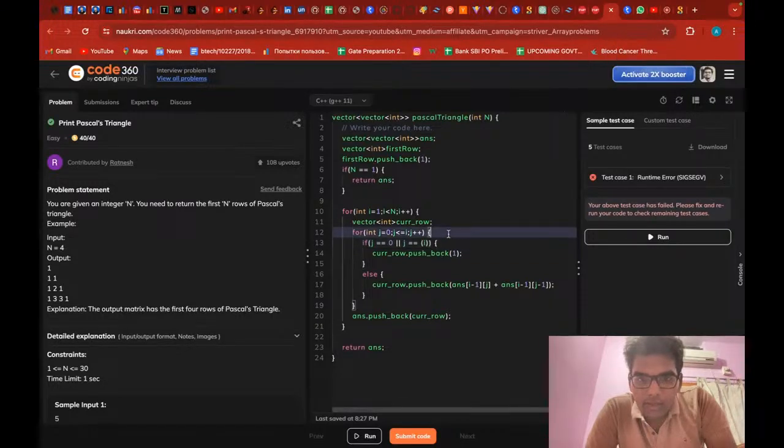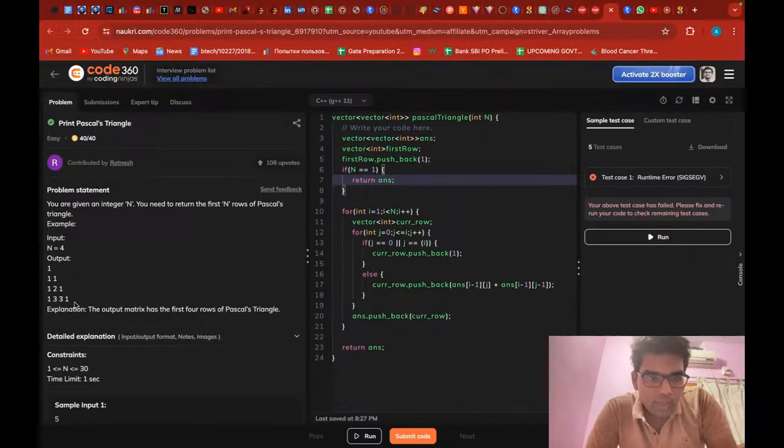See, i is equal to 1 till i is equal to n, right? If n is 4, we have already stored the first row, so we will start from i equal to 1 till n. N is 4, so 1, 2, 3.